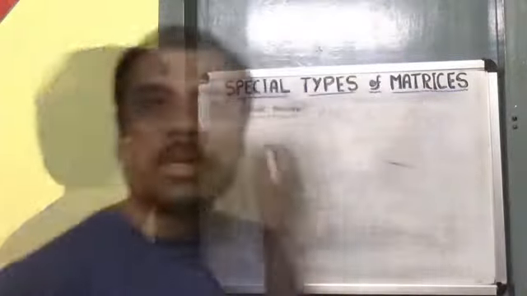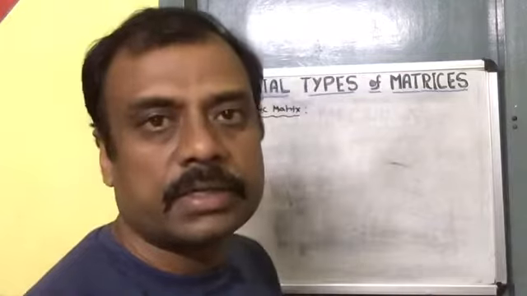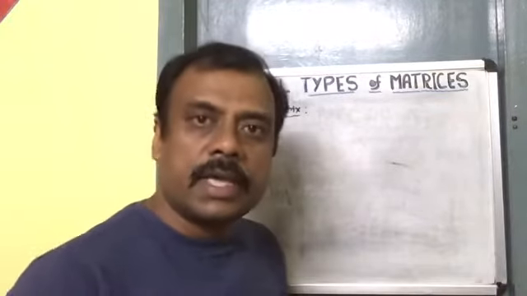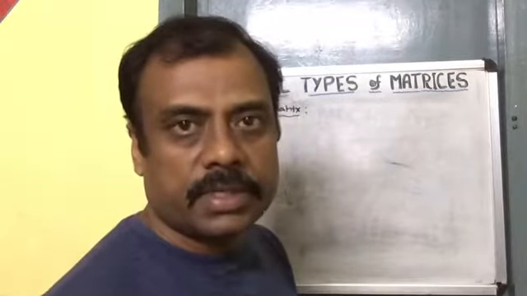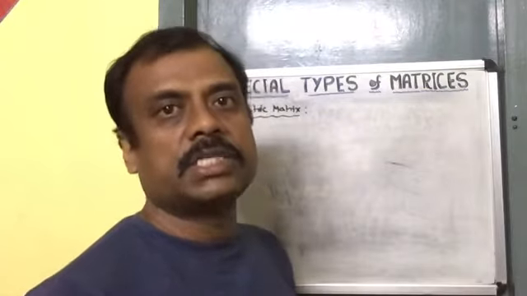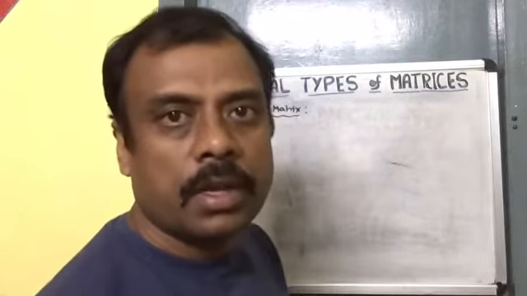So the first matrix we are going to discuss is the symmetric matrix. Let us discuss the symmetric matrix. Any square matrix is a symmetric matrix if its transpose is equal to the matrix.